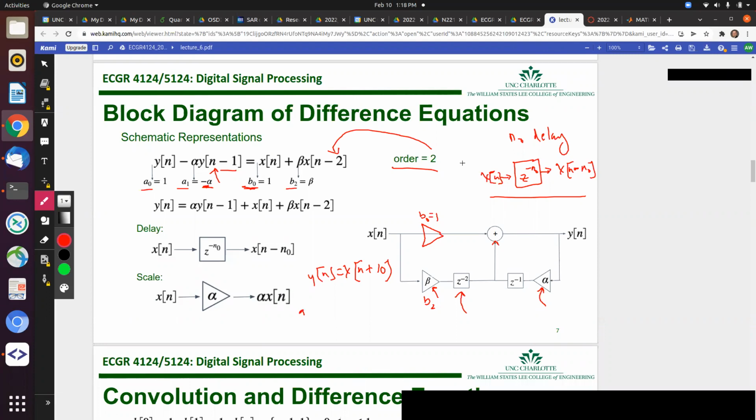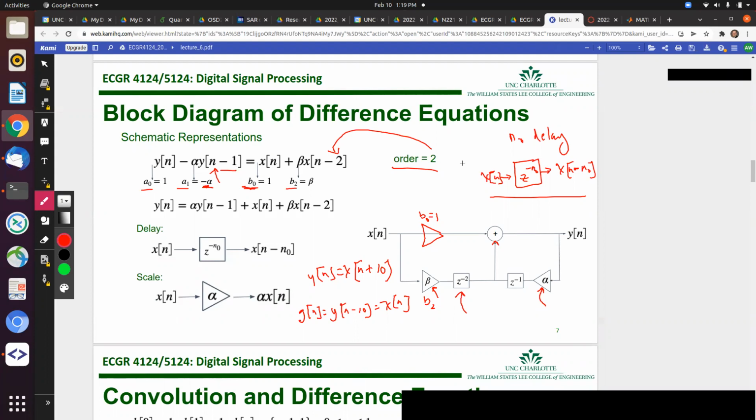I could write g of n is equal to y of n minus 10, that's equal to x of n. Right, I could just take that system and actually delay the entire system, and just make the output that I consider to be the output 10 samples later, and that's actually the x of n at that time.